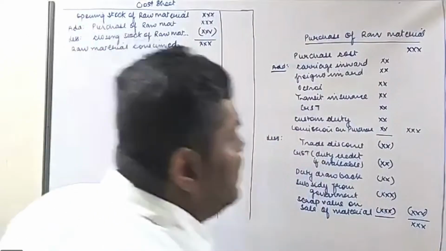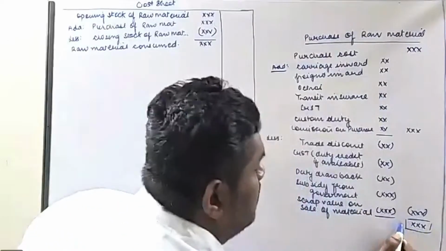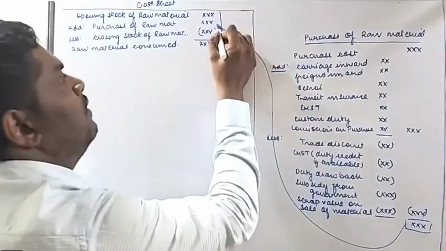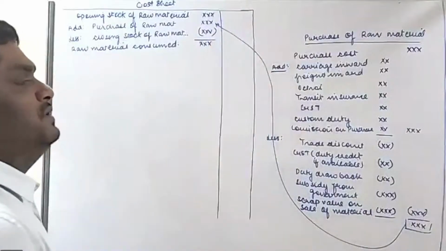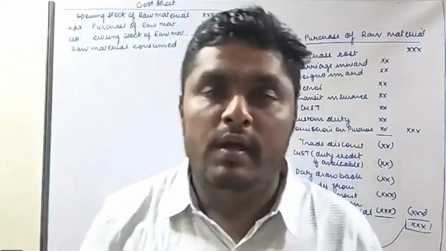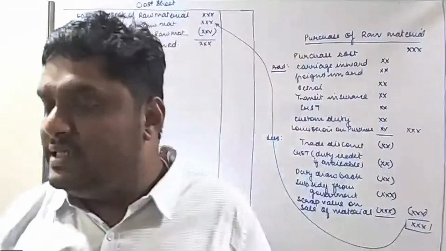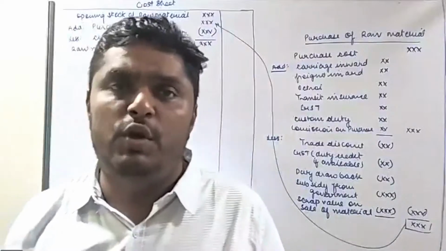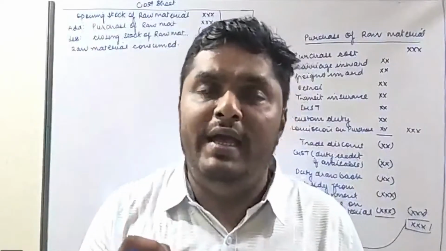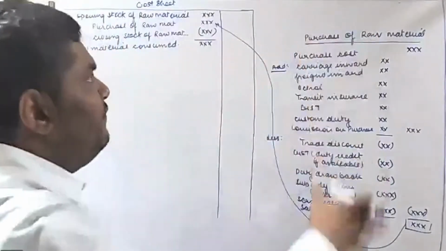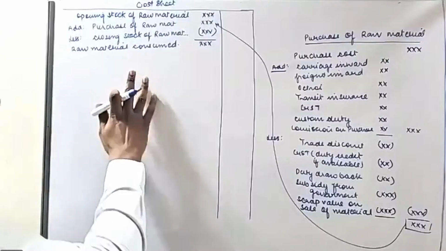So the final figure we are getting will be my purchase. If you guys have any doubts or queries in this part, please post your queries. Very important, guys: all these will form part of the cost statement only.